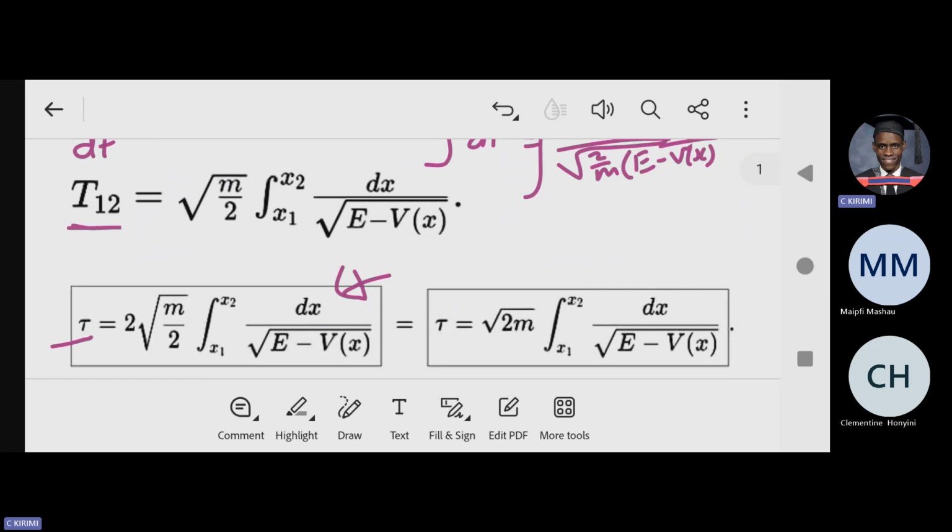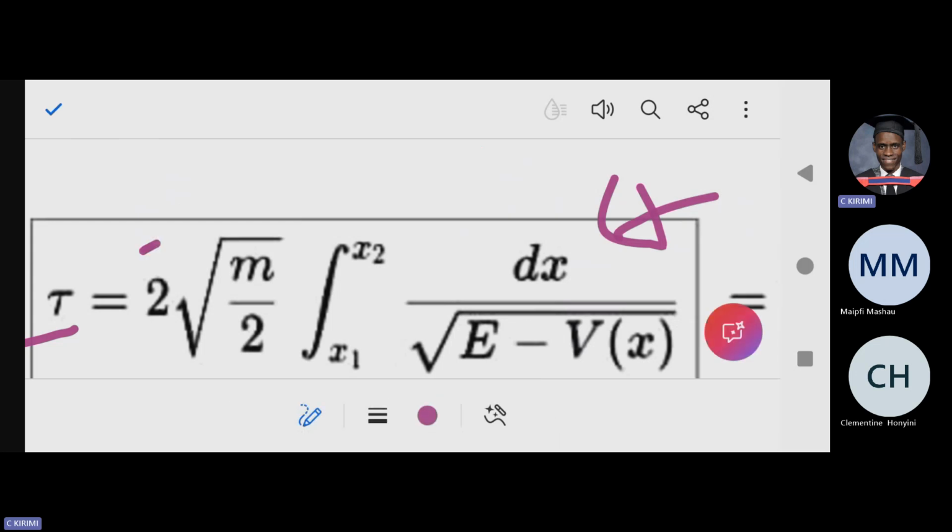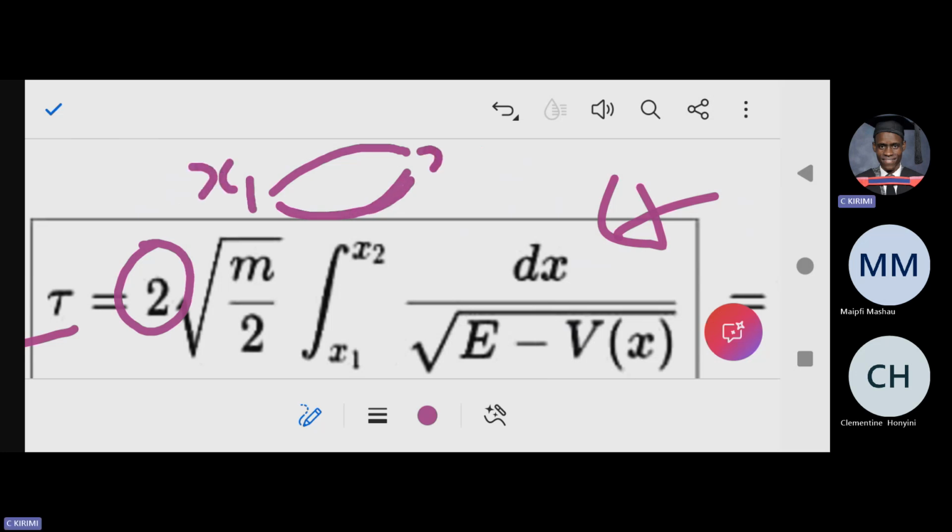In terms of the period, it means it's twice the time of going and coming back to make a complete cycle. This is x1, that is x2. So to and from becomes a period.